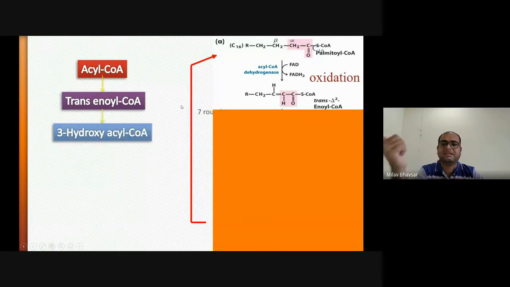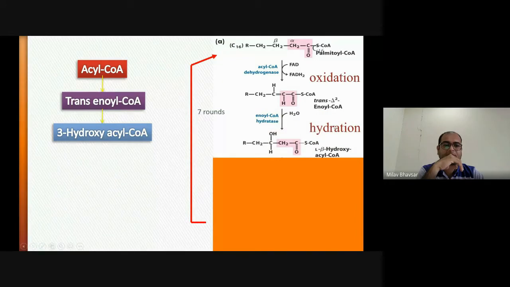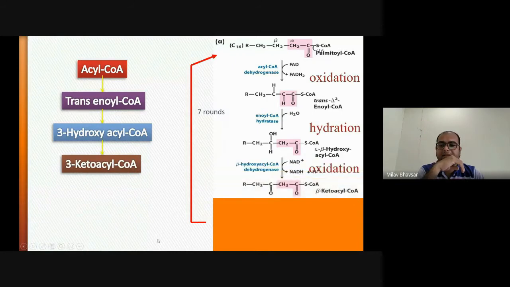Then 3-hydroxyacyl coenzyme A is generated. Hydration, a water molecule is added in the process. Then 3-ketoacyl coenzyme A converts again, goes into the oxidation. Here your NADH is generated.